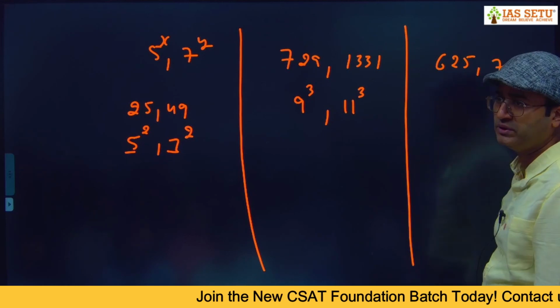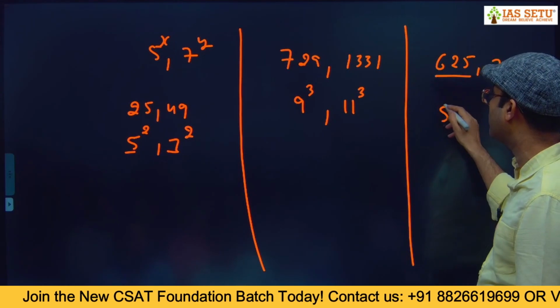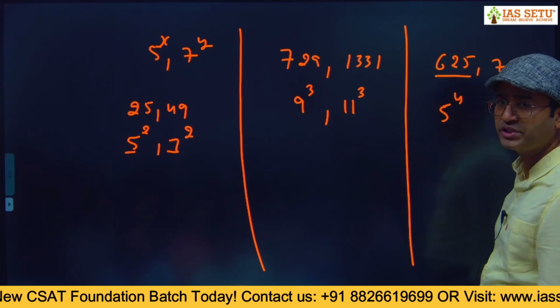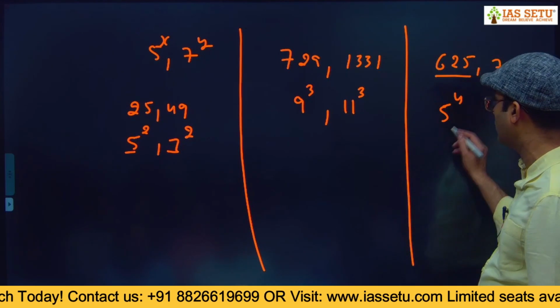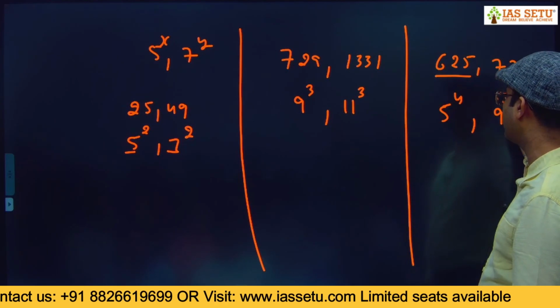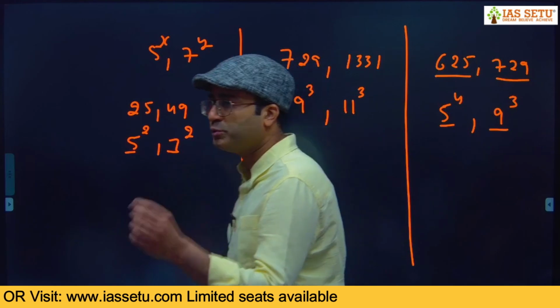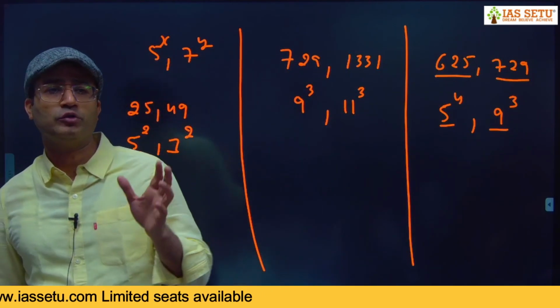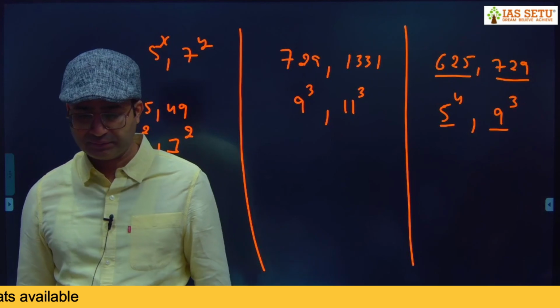What is 625? Either you can say 25 square or 5 to the power 4. 625 is 5 into 5 into 5 into 5, 5 to the power 4. And this is 9 cube. If 5 and 9 are co-prime, then 5 to the power 4 has to be co-prime to 9 to the power 3. Okay. So we write this observation.